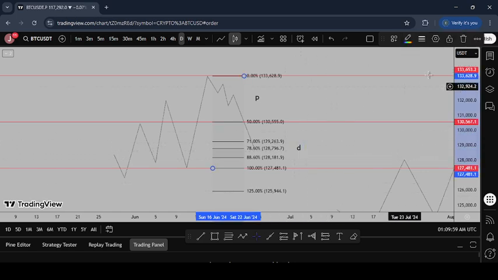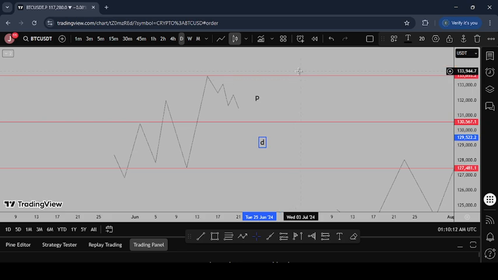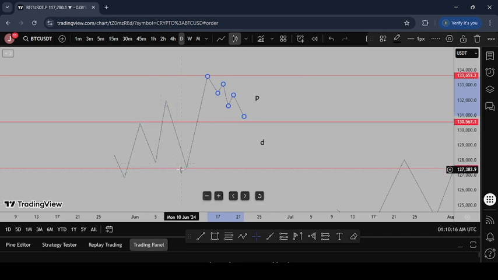If I take out the Fibonacci tool, it means the market has made a swing low and a swing high. The market needs to retrace to a discount region before I even consider taking a buy, because now we have a protected low, of course a point of interest.